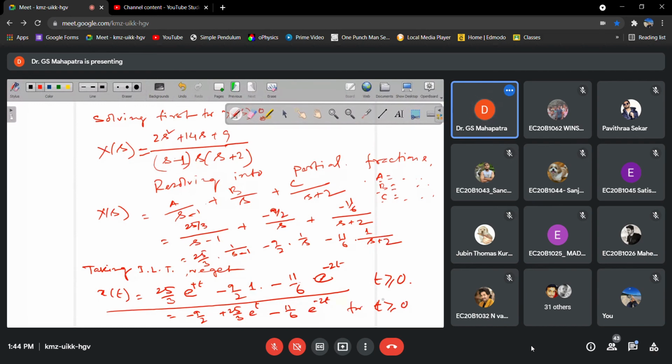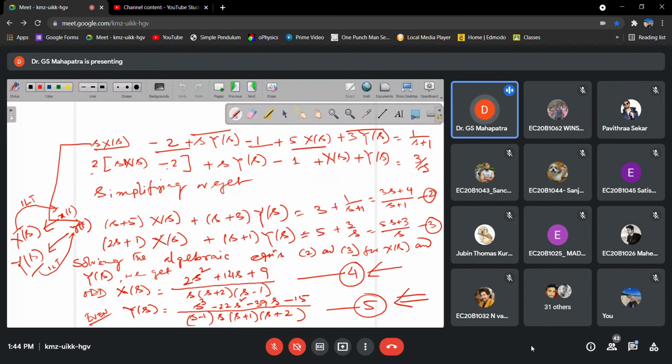But since it is a simultaneous differential equation, you have to find both x of t and y of t. If you go back to the previous slides, from 5 you have to find y of s.